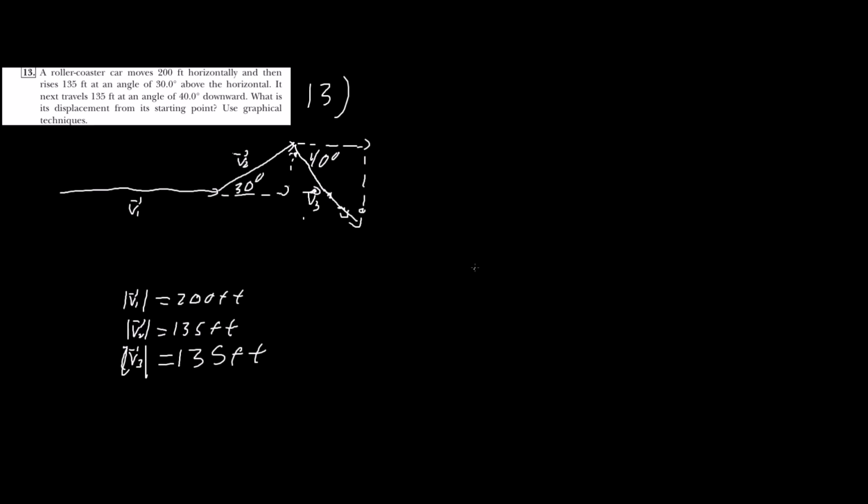So its displacement is going to be 200 feet. So the vector that we're looking for, which I'm going to call X and Y, so I can keep track. X is going to be 200 feet. And then we're going to take the magnitude of 135 feet, and we're going to add the cosine component of this.